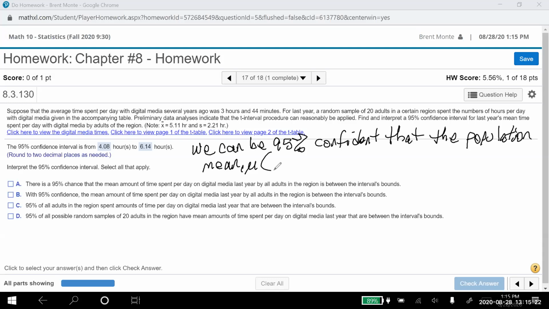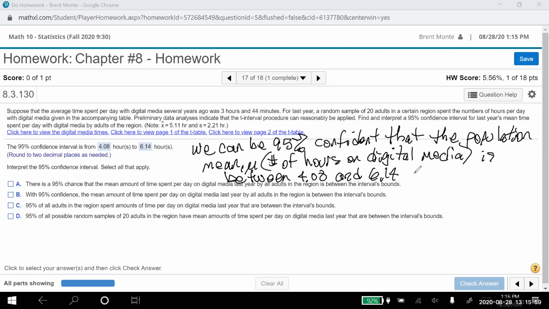So we could say something like the number of hours on digital media. But remember, it's the mean number of hours on digital media. The population mean number of hours on digital media is between 4.08 and 6.14 hours. That's how we're going to word it.